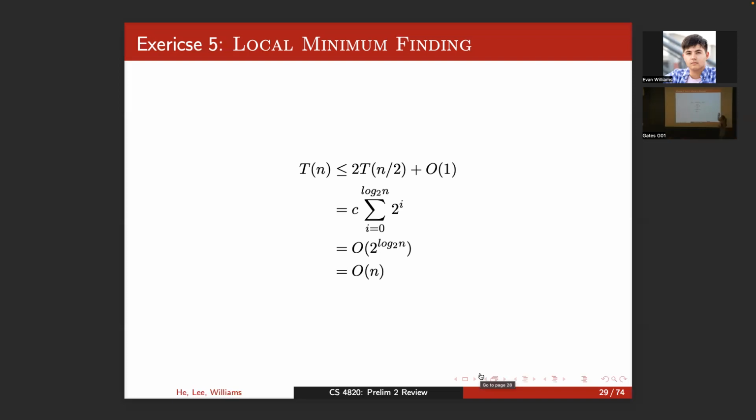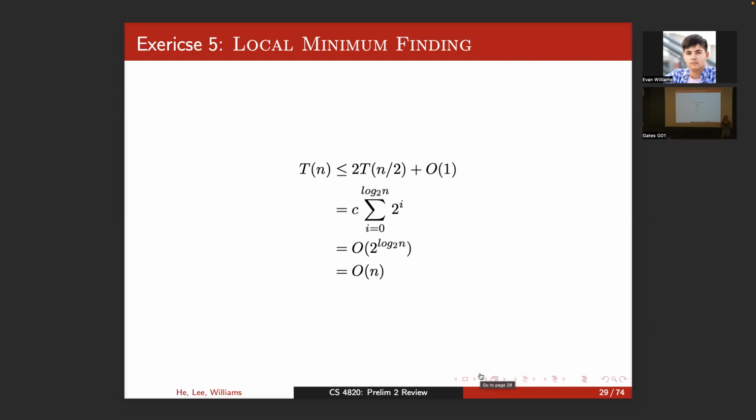It doesn't really depend on n, which is why there's no n in this runtime. Before it depended on n squared, but since it's constant, it doesn't. All it depends on is the number of subproblems at each level, which is going to be 2 to the i. At level 1, there are 2 subproblems. At level 2, there are 4 subproblems. And since it's constant time, it doesn't depend on n. Then we're summing it over log 2n levels, because that's how many levels there are when we recursively cut it down into 2 every time.